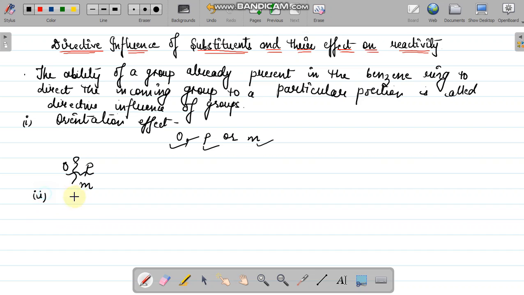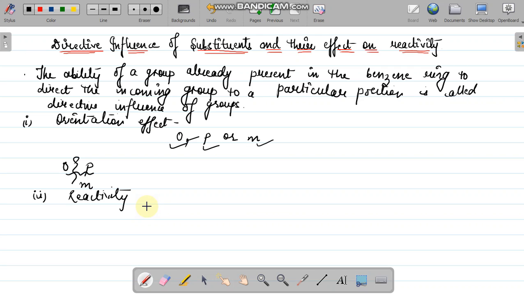The second effect is reactivity. Substituents affect the reactivity of the aromatic ring, and some substituents activate the ring, making it more reactive than benzene.